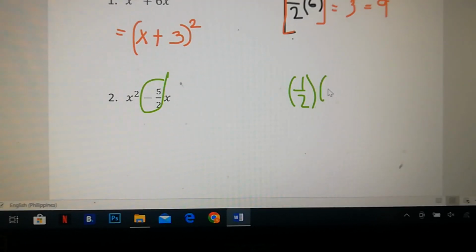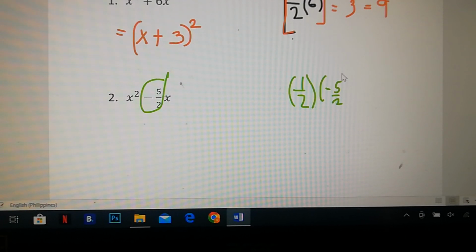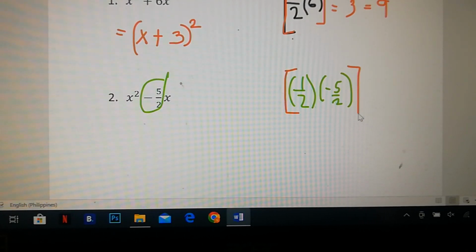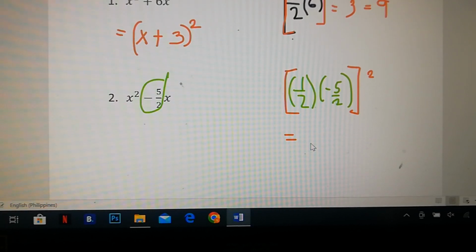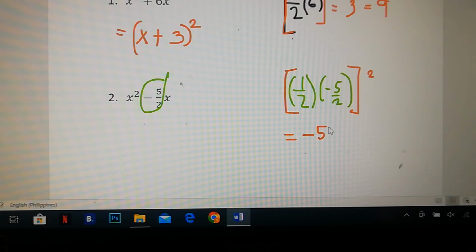So 1/2 of negative 5 over 2 is negative 5 over 4.